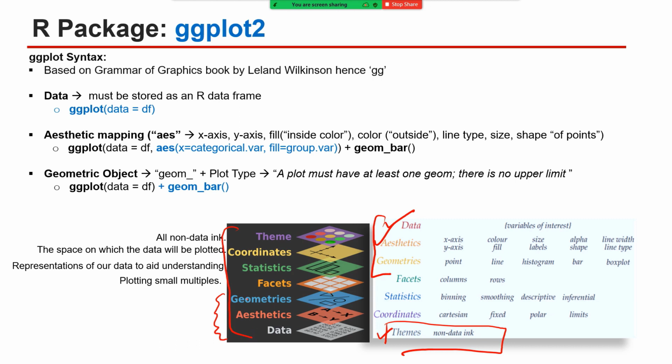You can add some objects with the help of statistics, coordinates and theme, depending upon what you want to do with the graph. Whether you want to add statistics such as mean, standard deviation, error bars, or confidence intervals, or whether you want to see the graph horizontally or vertically, you can use the coordinate object.